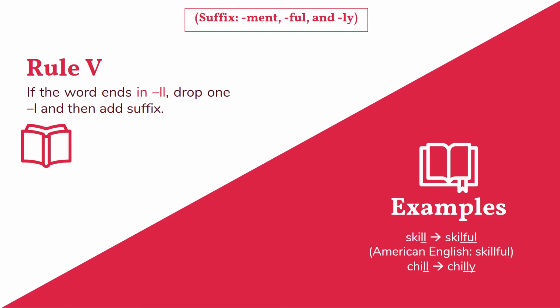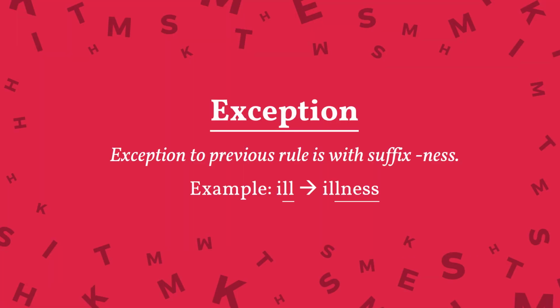Here also there was double L, we dropped one L and then added the suffix ly, so do not get confused. The exception is if the suffix is ness, then we do not drop the L. As you can see in the example, ill, illness. We have not dropped the L.